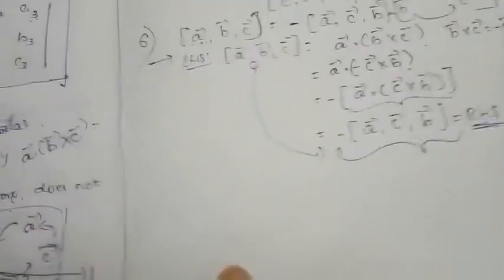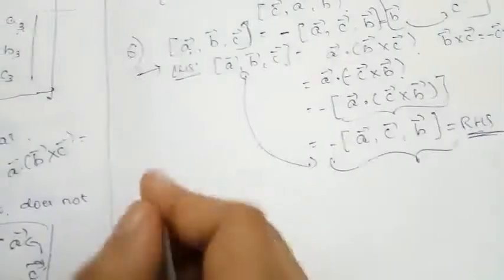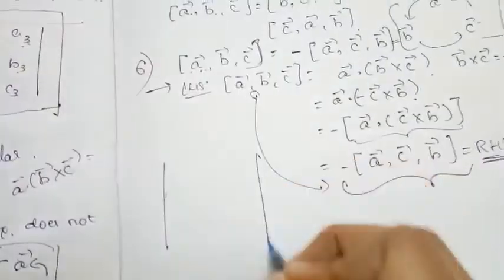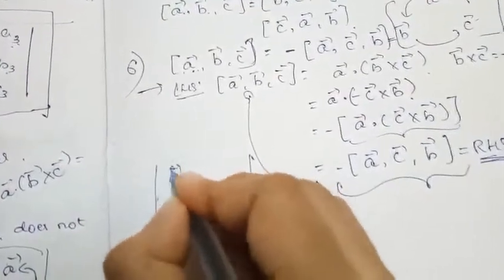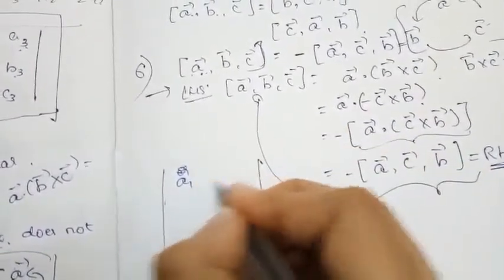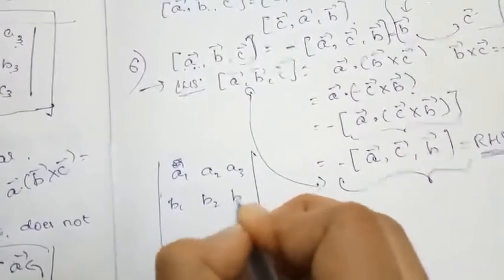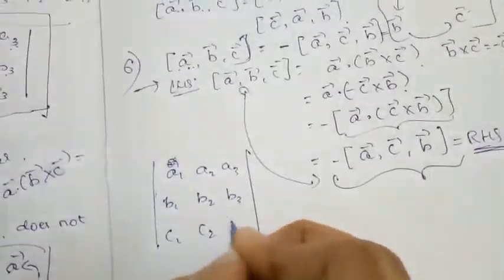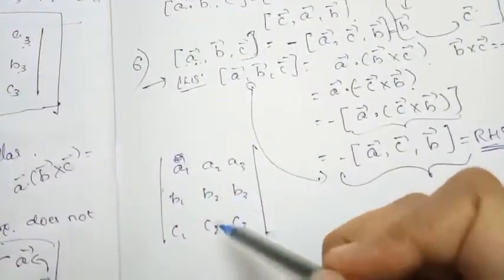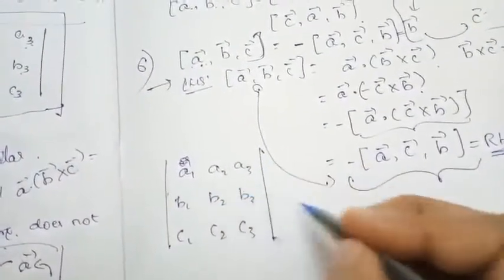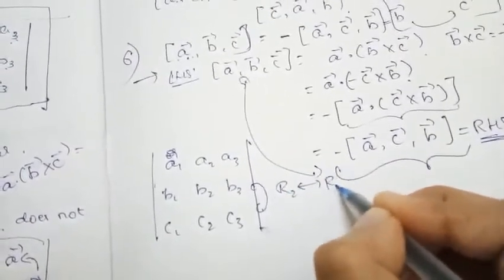With your practical knowledge, you can easily say there is no need for this much verification. So how is vector A, vector B, vector C denoted? If I write it in components, it is A1, A2, A3, B1, B2, B3 and C1, C2, C3. This is vector A, vector B, vector C. Suppose I interchange any two rows or columns, that is I am interchanging R2 with R3.